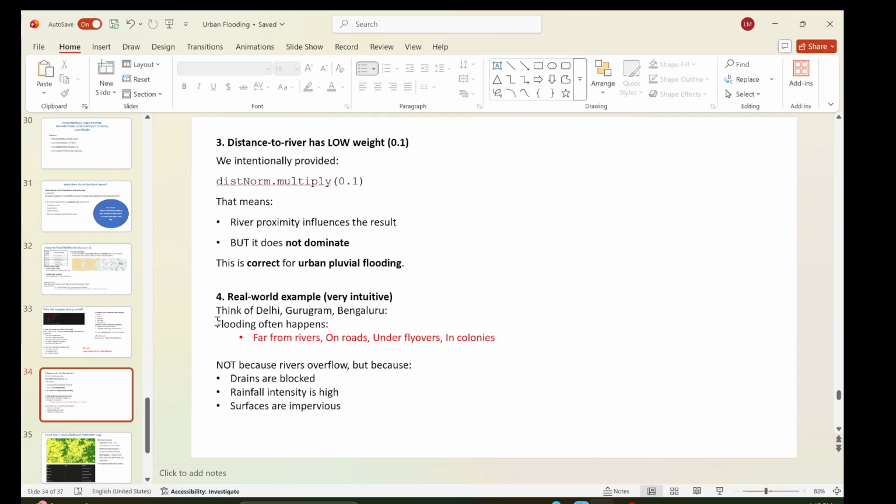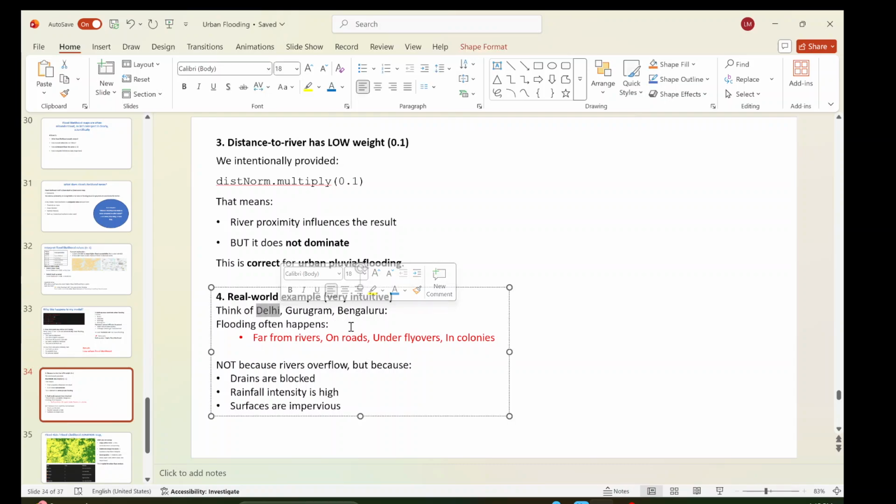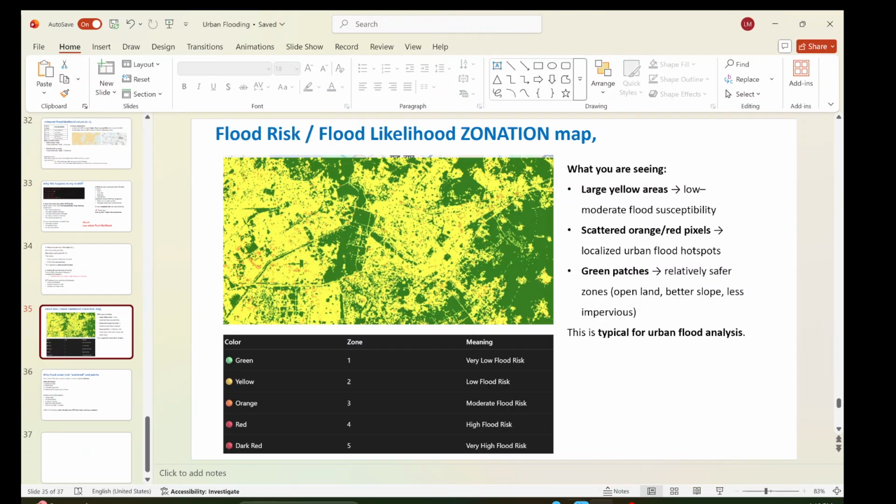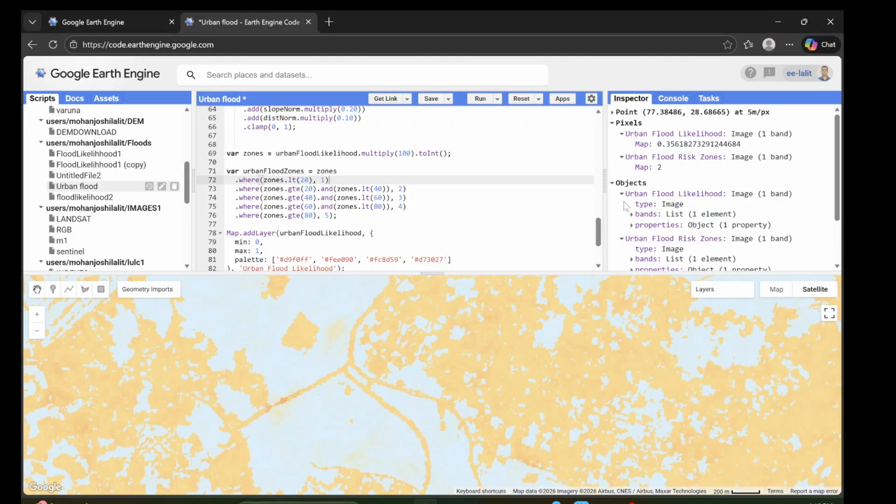In the real world, we can see that in Delhi, Gurgaon, Bengaluru, flooding often happens far from rivers, even right on roads, under flyovers, in colonies. Not because of river overflow, but because drains are blocked, rainfall intensity is high, and surfaces are impervious. So that's why it happens. Now we can see here that we have flood zones also.